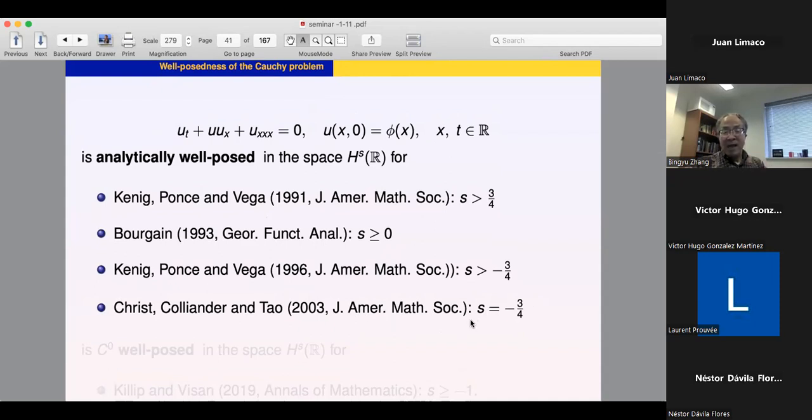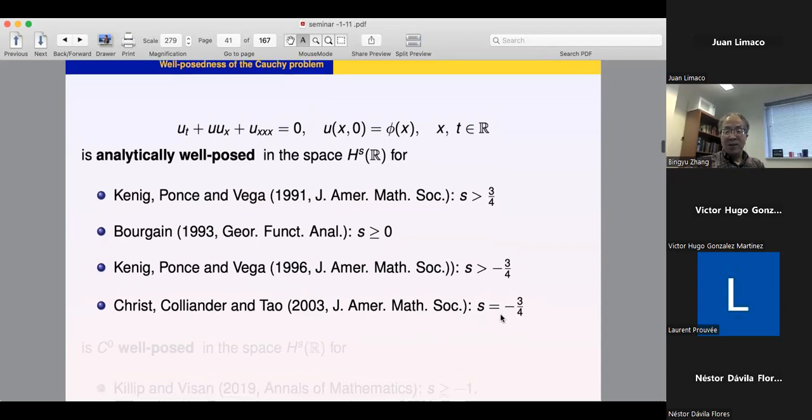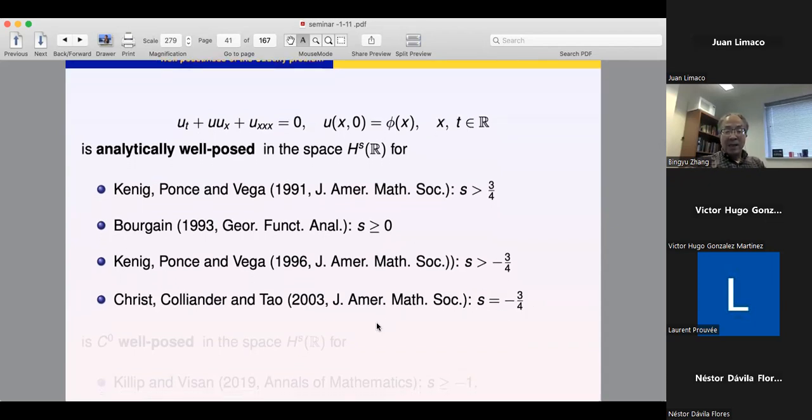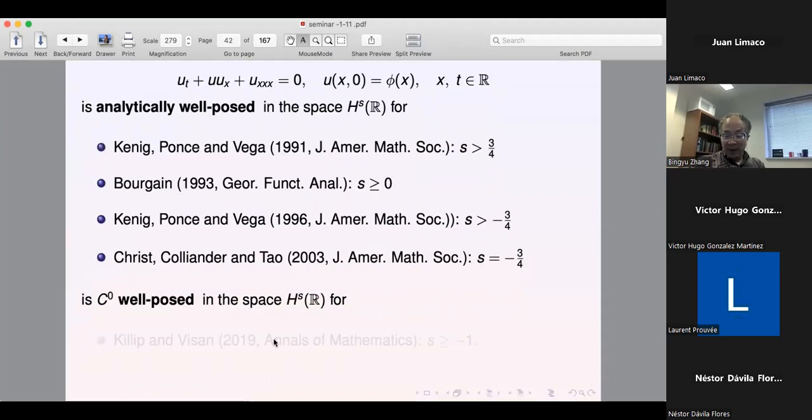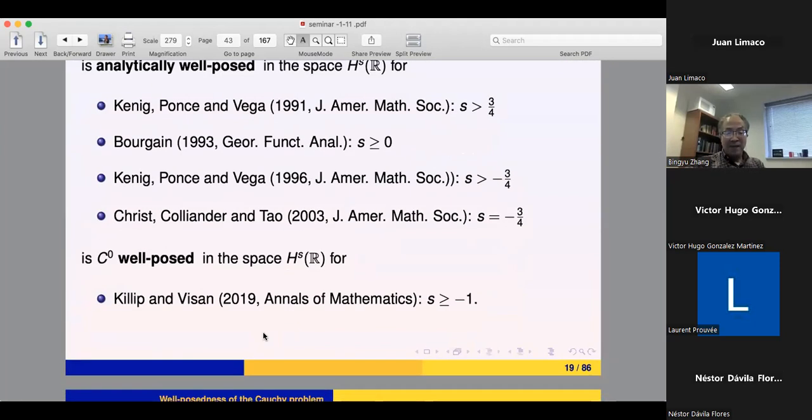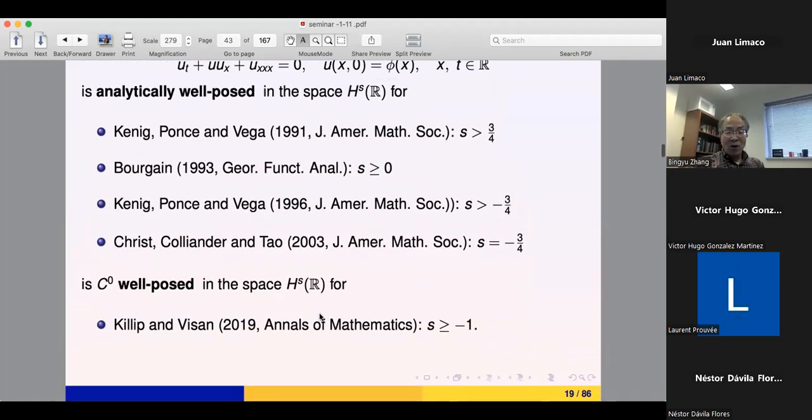Then there is another work by Killip and Visan. They showed the Cauchy problem is C0 well-posed in the space H^s(R) for s greater than or equal to -1.